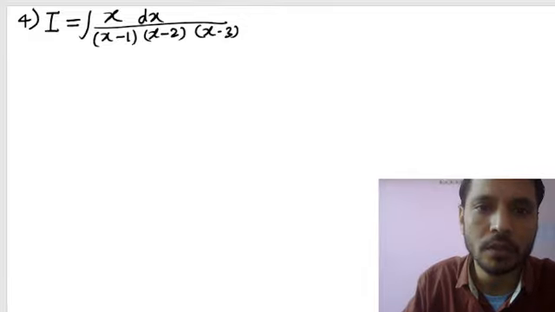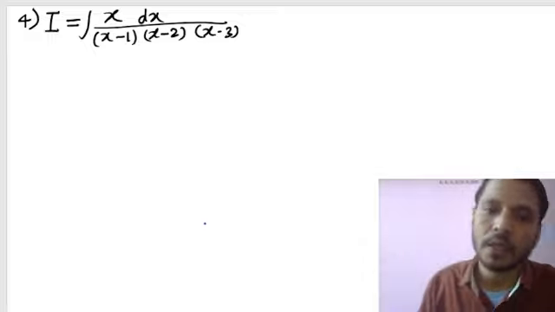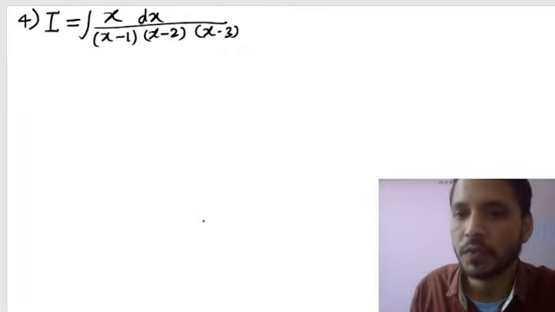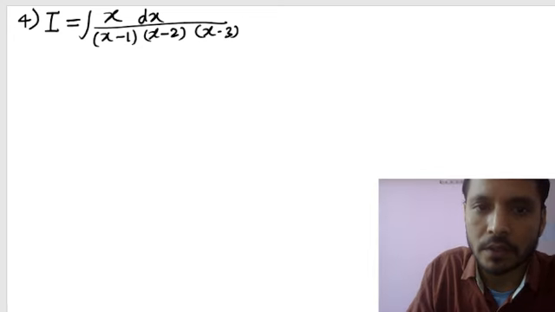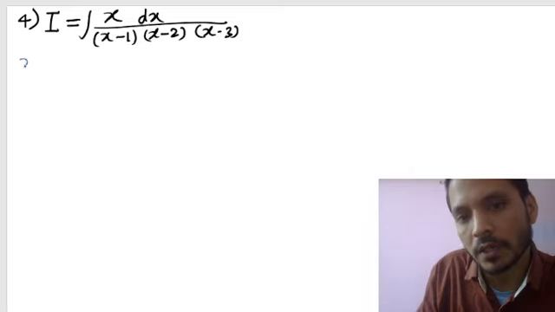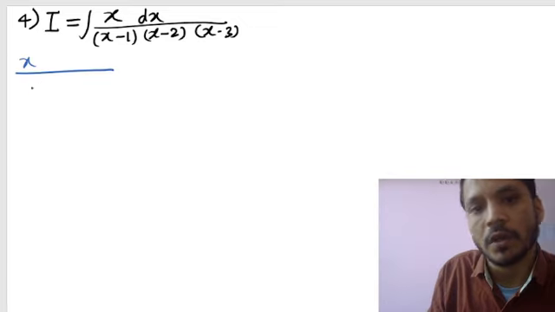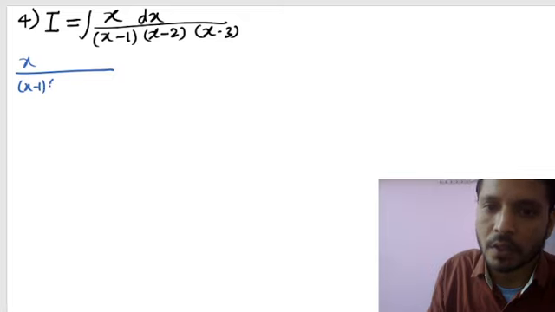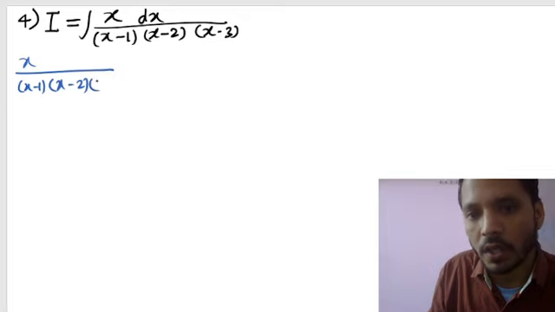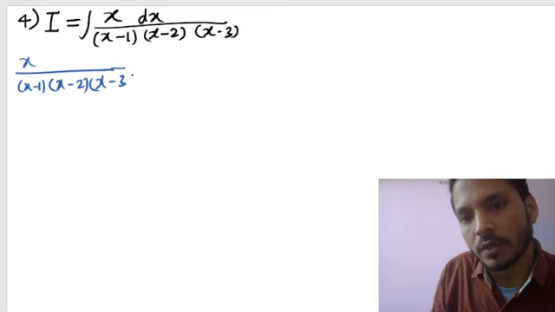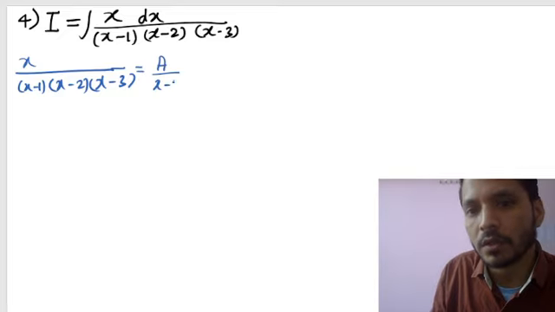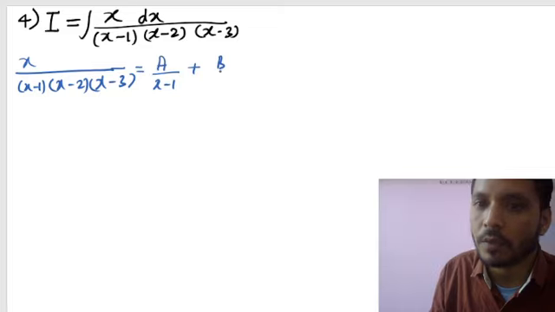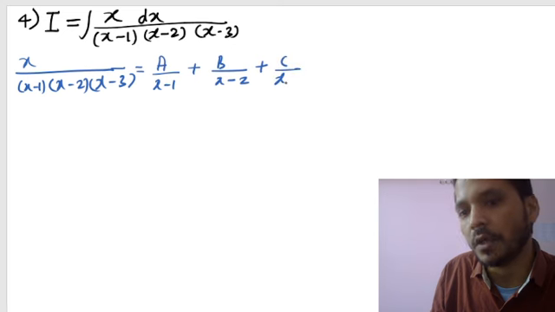In question number 4 we are given: integrate x upon x minus 1, x minus 2, x minus 3, right? Again we will apply the partial fraction concept. So x upon x minus 1, x minus 2 and x minus 3 can be written as a upon x minus 1 plus b upon x minus 2 plus c upon x minus 3.